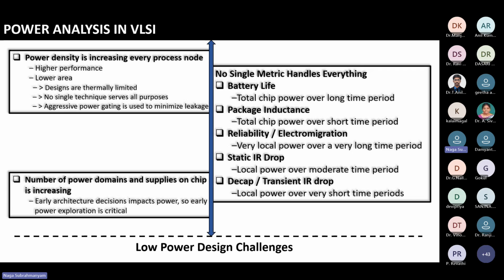Whenever component size is reduced, area is reduced, and we try to fit more components in that area. So this leads to more power consumption.